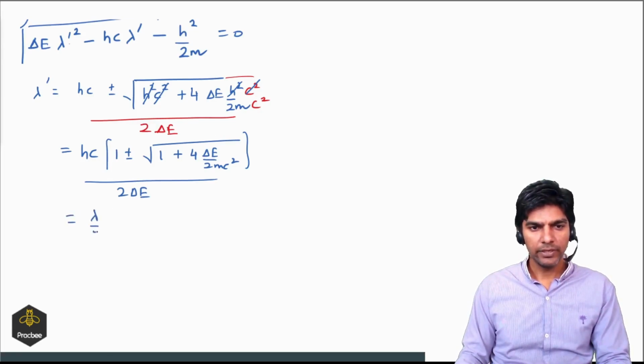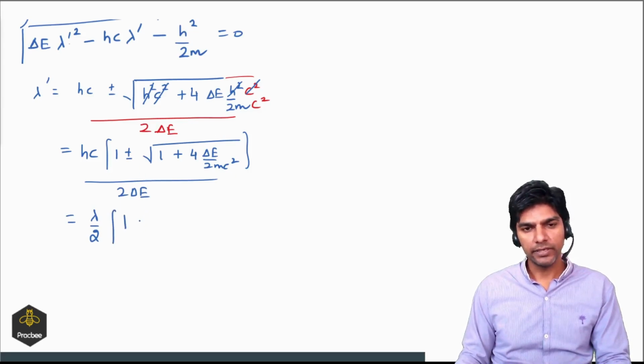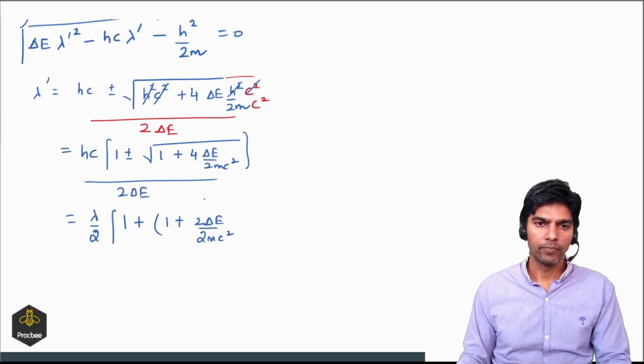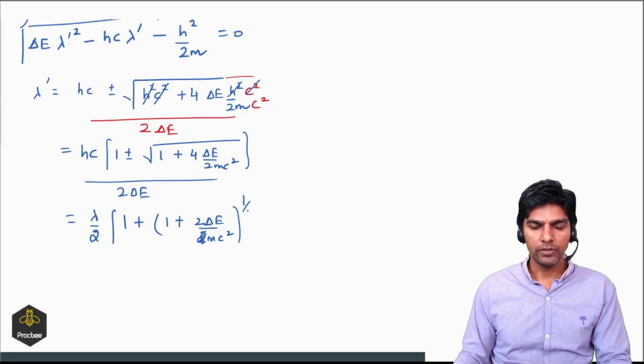So that will be lambda by 2. And I'm ignoring the negative sign, so it should be 1 plus 2 delta E divided by 2mc square, raised to power 1 by 2.